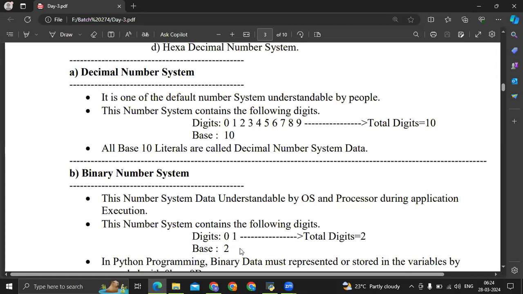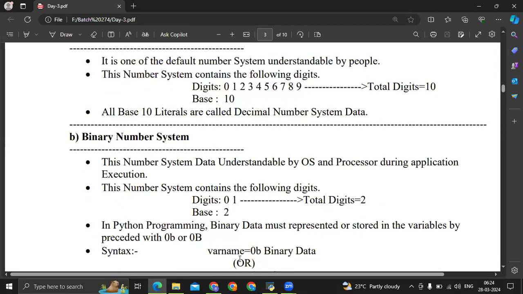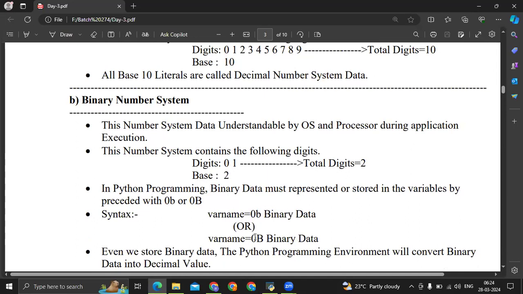In Python programming, binary data must be stored in the variable preceded with 0b, either in lowercase or uppercase. Syntax: variable name is equal to 0b binary data, or 0B in uppercase. Even if we store binary data, Python will convert the binary data into the decimal value.